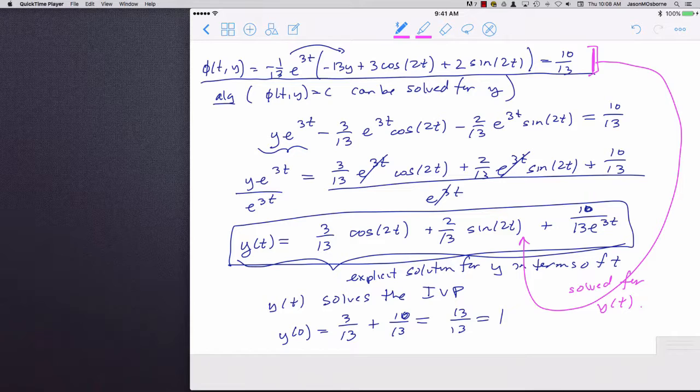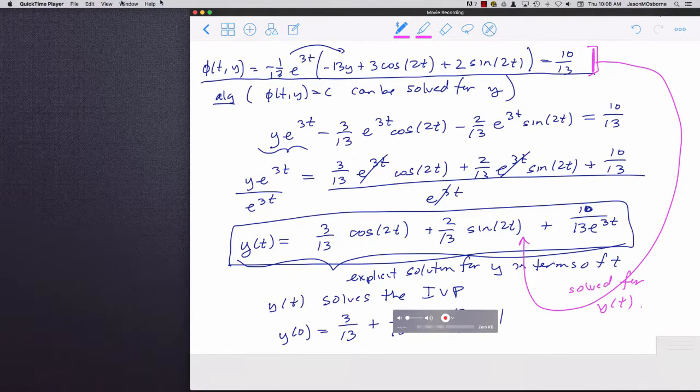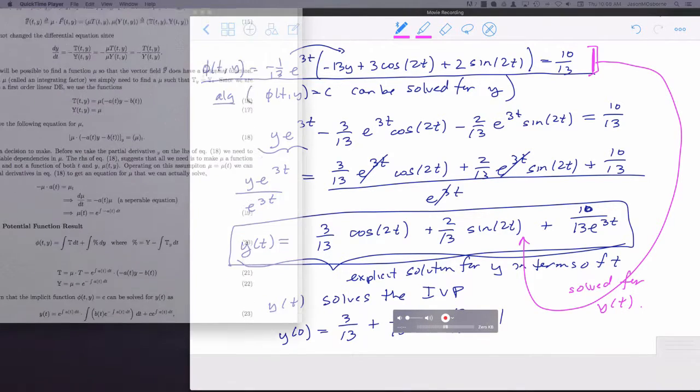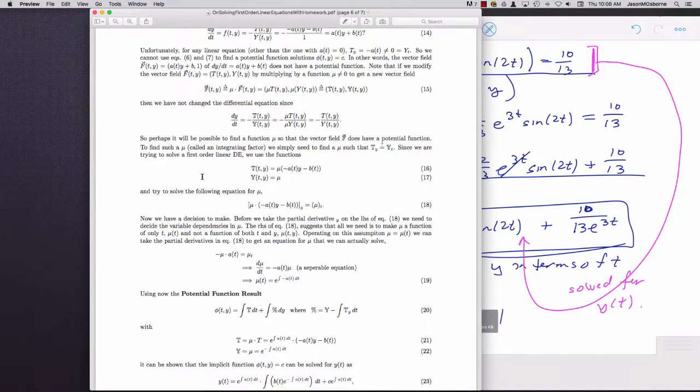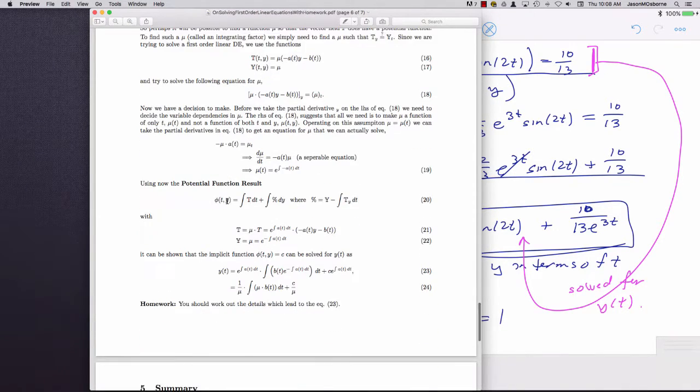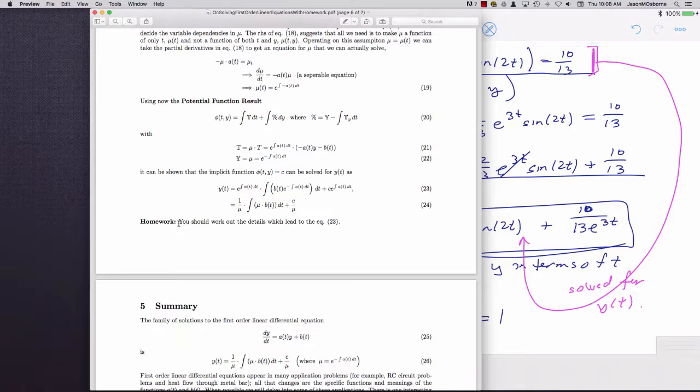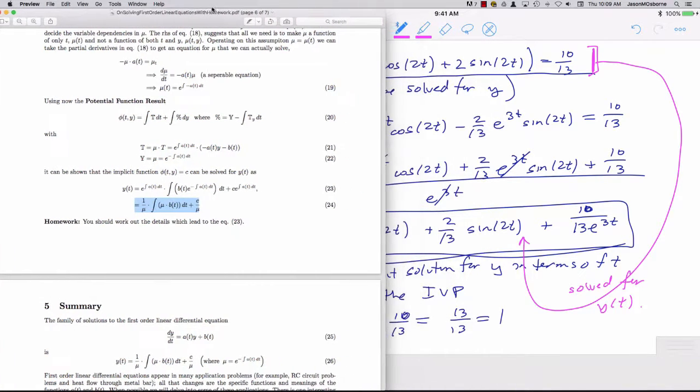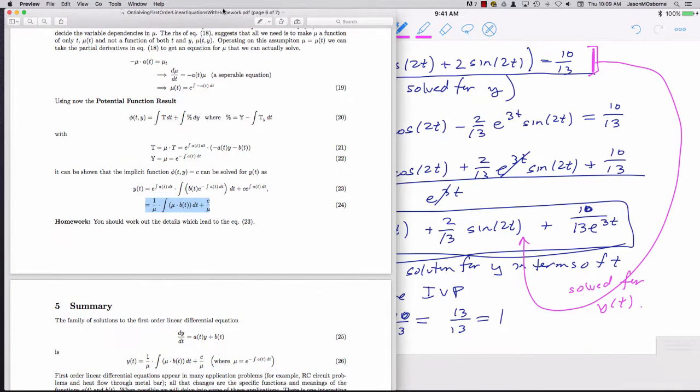And that is represented in our course notes right here, as you had a homework problem to work out the details that this potential function phi for a first order linear equation, that you can actually solve it for y as this equation.